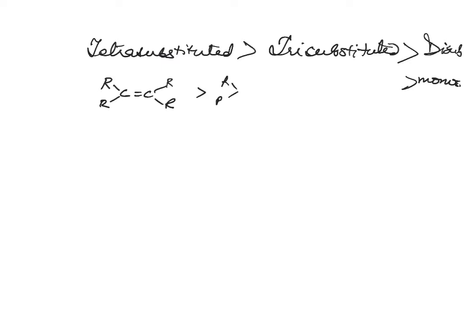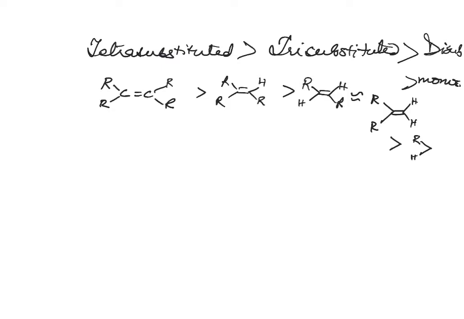A trisubstituted would mean that you have three groups. A disubstituted could be of two kinds, and I'm showing that they're approximately equal, but they may differ a little bit as well, which we will talk about. And then the monosubstituted, which means that there's only one alkyl group out of all the four positions possible.